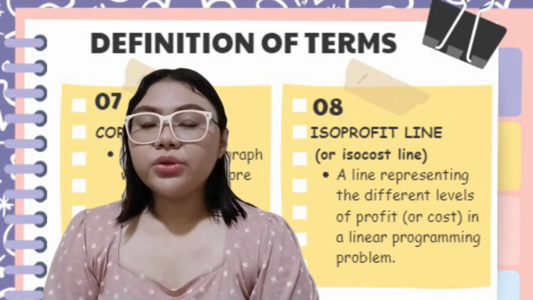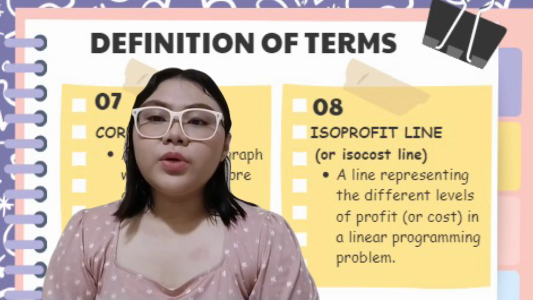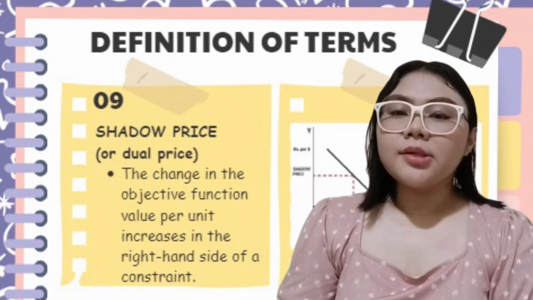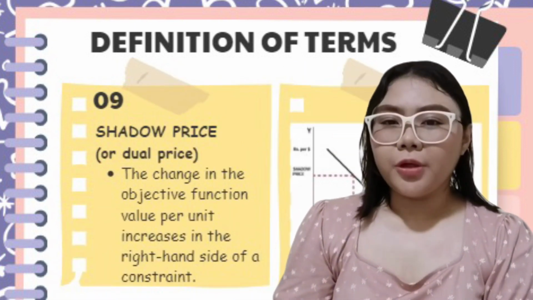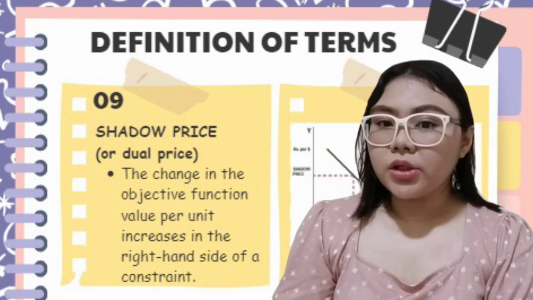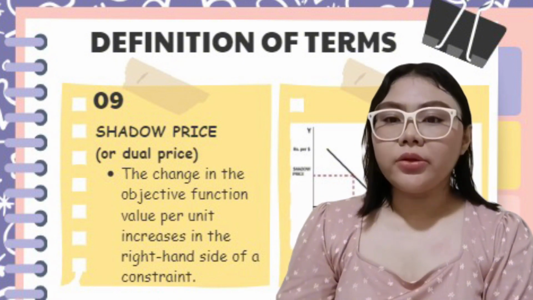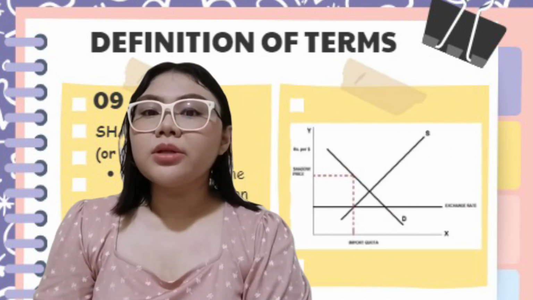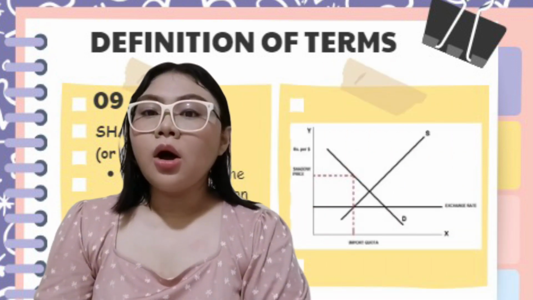It helps visualize the trade-offs between different levels of profit or cost. Shadow price, also known as dual price, measures the change in the objective function value per unit increase in the right-hand side of a constraint. It indicates the marginal value of relaxing or tightening a constraint.